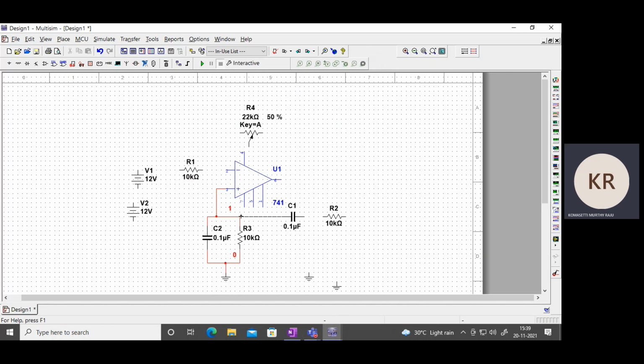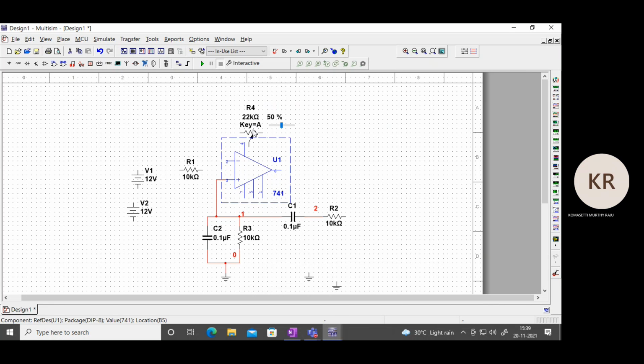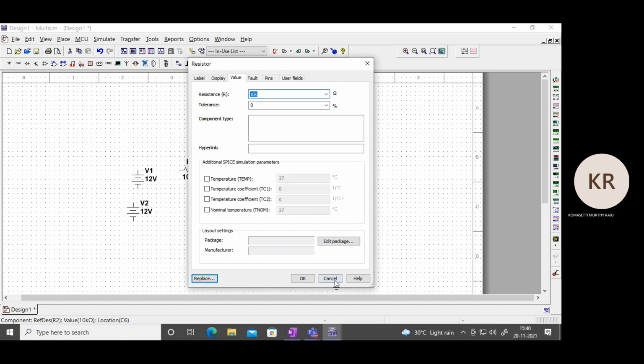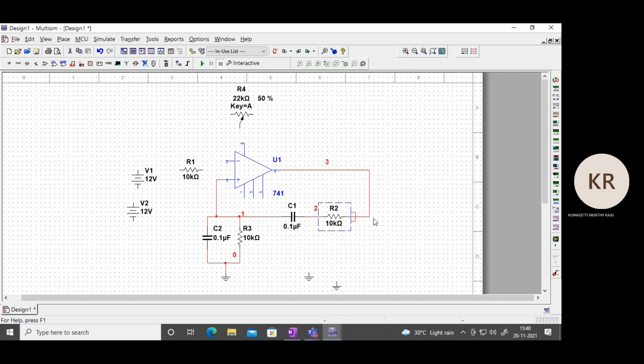These two are connected here like that. These two are connected. The output of this one is connected to the half amp, connected here like that. The output of the half amp is connected.